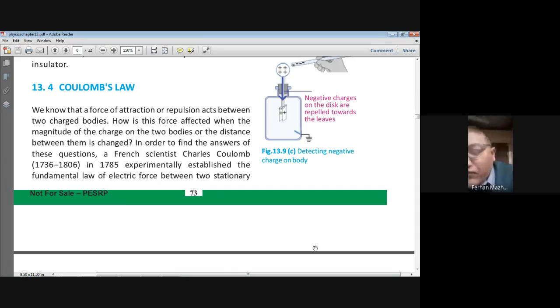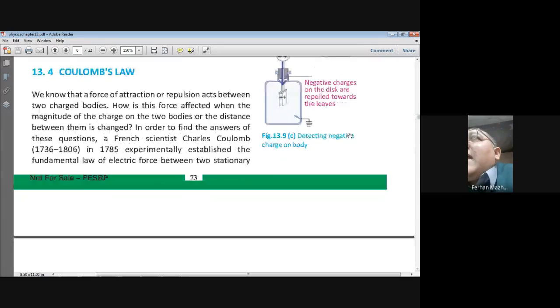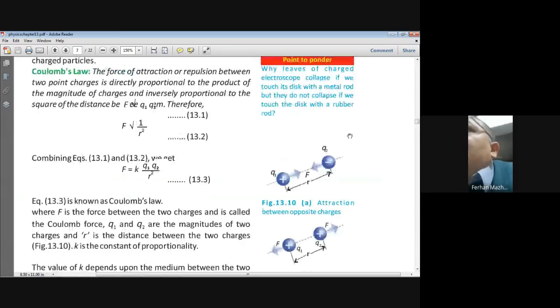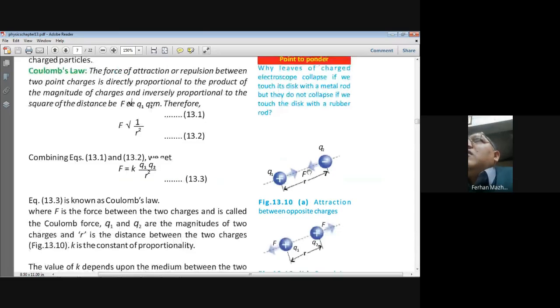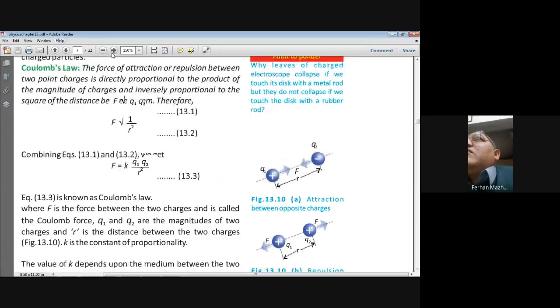Coulomb's law says that, for example, let me show you on your screen, here I have two charged bodies.